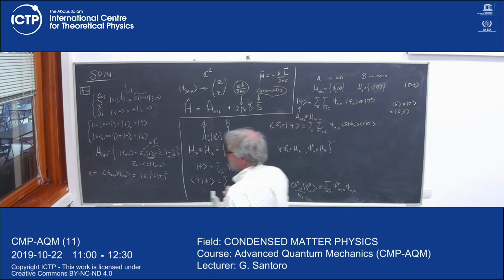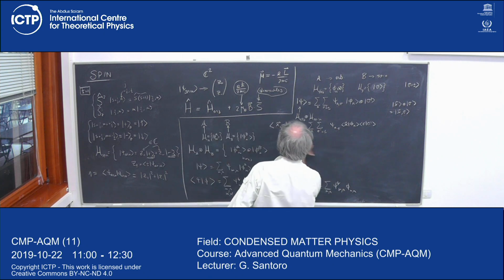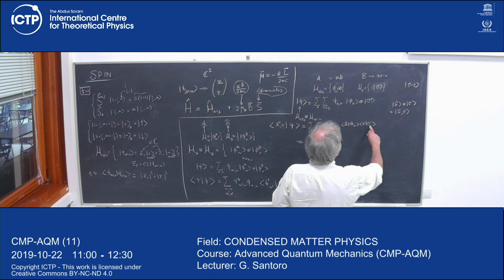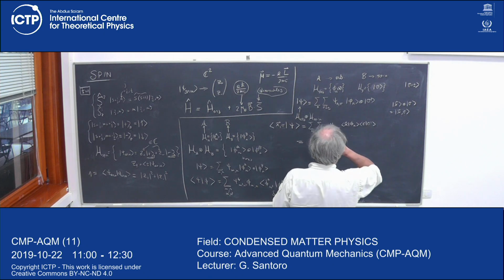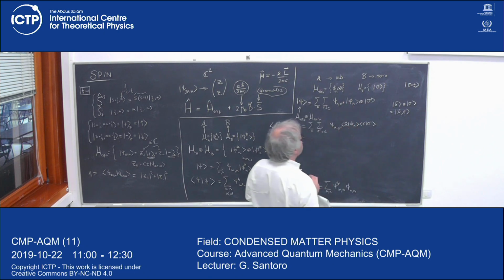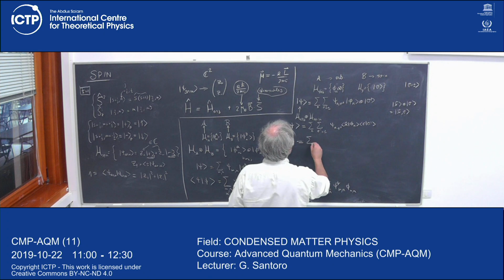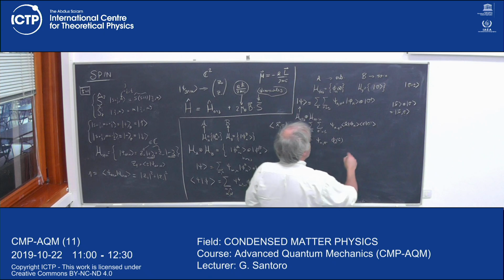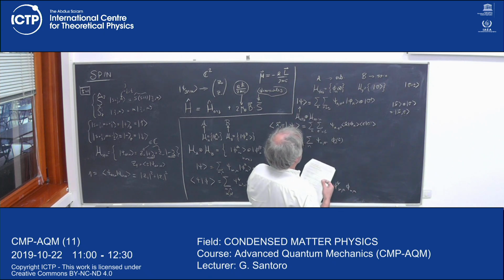Now, this implies, obviously, that these two states being orthogonal, there is a delta of sigma and sigma prime. And therefore, this is the sum over n of psi n sigma, this is the wave function phi n of x, and this is just a delta.